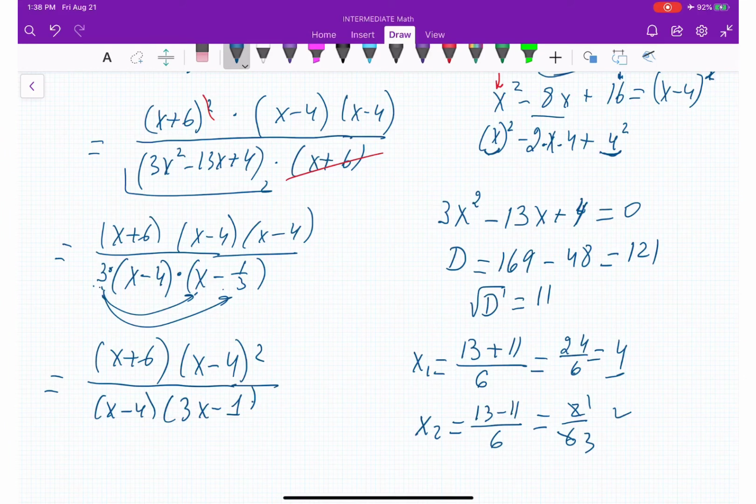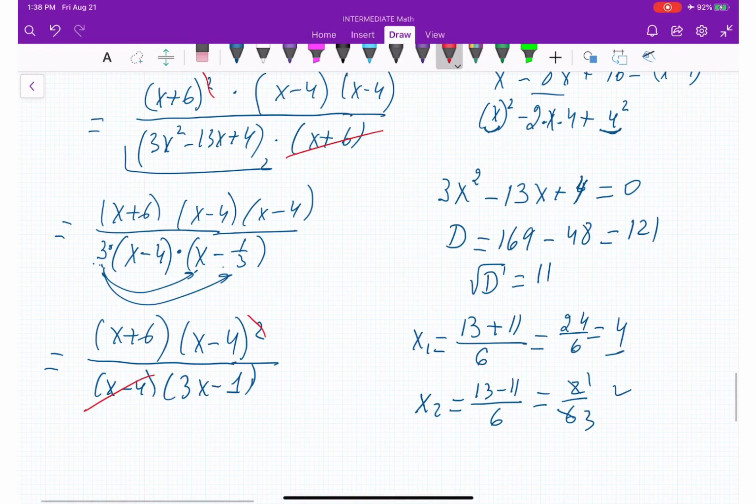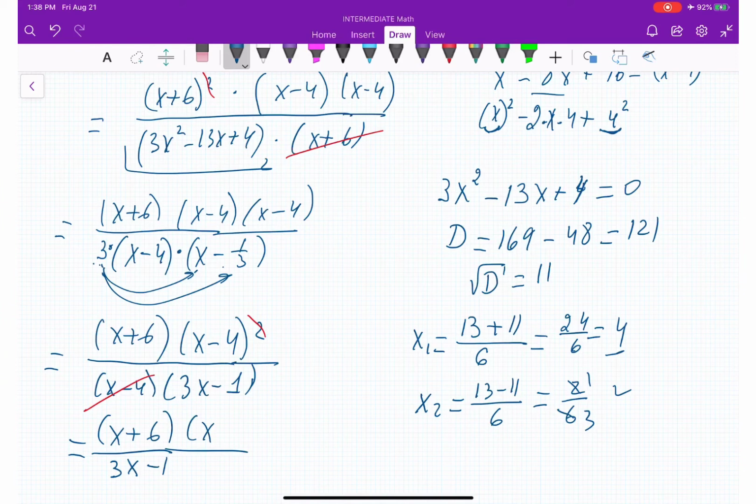So x minus 4 is gone with this square, and the final answer is x plus 6 over 3x minus 1. And in numerator, we also will have x minus 4, because one x minus 4 is gone, but the other one is still there.